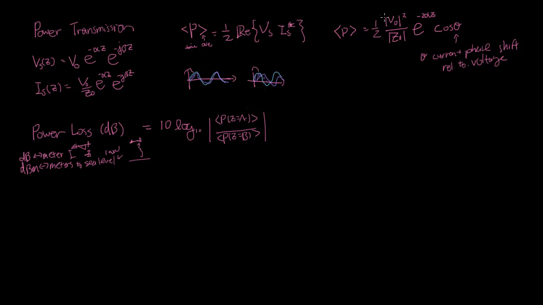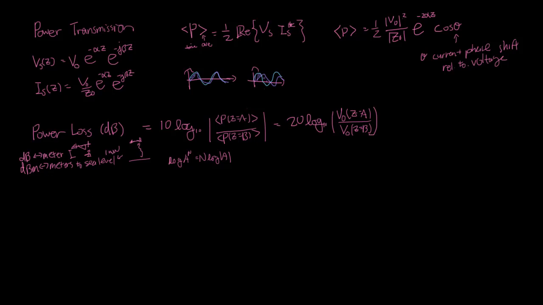And note that since the power is proportional to V naught squared, if you put that in, then you also can use the rule that log of a to the n is going to be equal to n log of a. And so you can also see that this is going to be equal to 20 log base 10 of V naught, the voltage at those two locations, so voltage of A versus voltage of B.